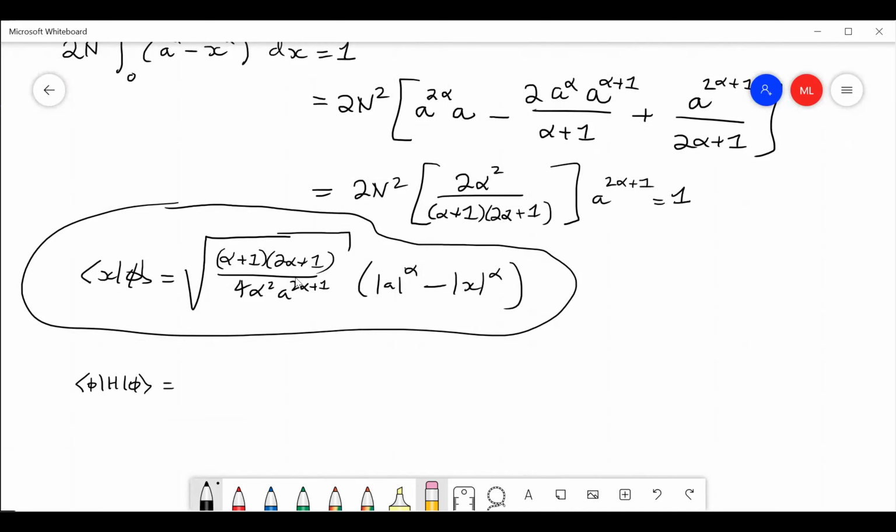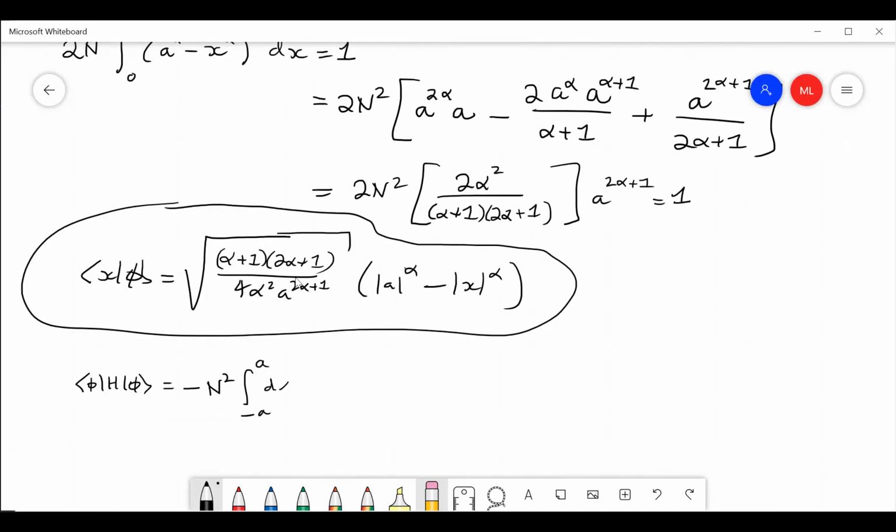So our Hamiltonian, of course, is just the kinetic energy. It's a square well, so when you're in the well, you're just a freely moving particle with some kinetic energy. So I'm going to put back the N squared. It's the integral over that well, minus a to a, dx.